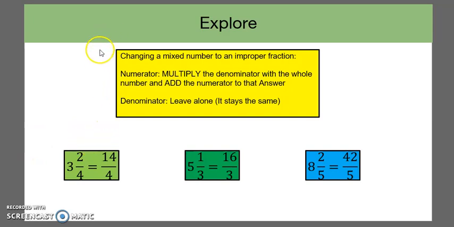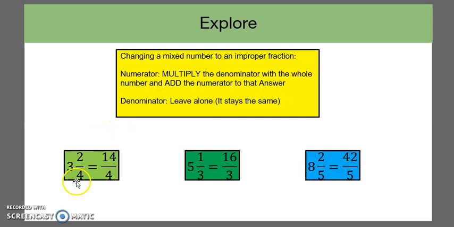When we're going to be multiplying by area, we can allow students to think about changing a mixed number to an improper fraction. When we're doing this, we want to have them practice the routine of getting the numerator and denominator. The numerator is when we multiply the denominator with the whole number and add the numerator to that answer.